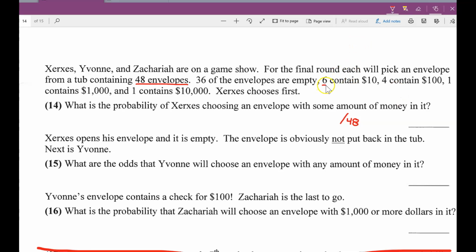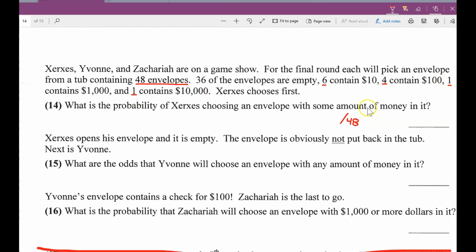Well, we've got 6 that have $10 in it, 4 that have $100, so that's 6 plus 4, that's 10, and then 1 that has a $1,000 check, and another that has a $10,000 check. So 6 plus 4 plus 1 plus 1.